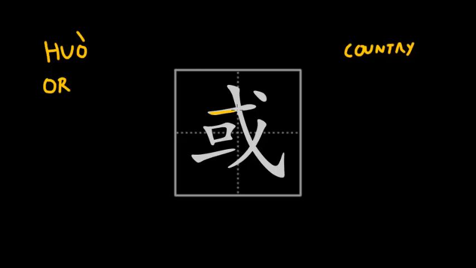So it consists of 3 elements. The first one is this one, and it is pronounced g in the first tone, and it is some sort of a weapon. It's hard to tell what kind of a weapon it is.